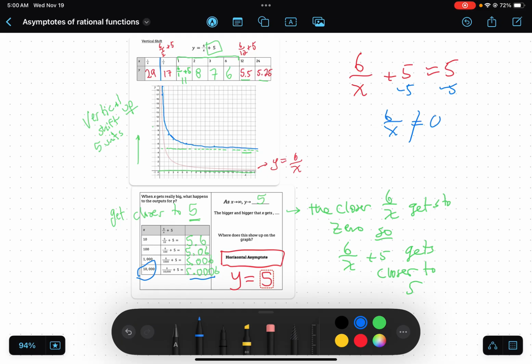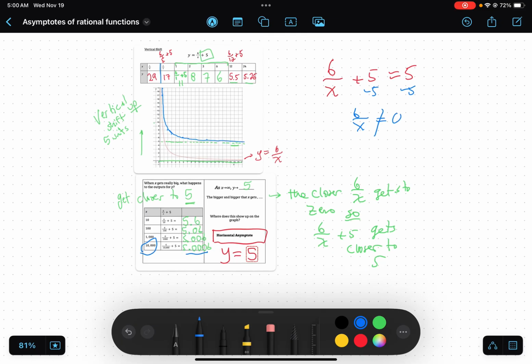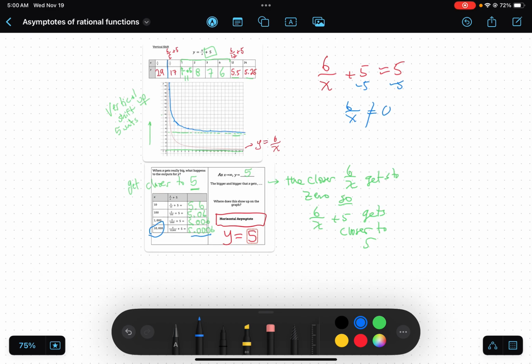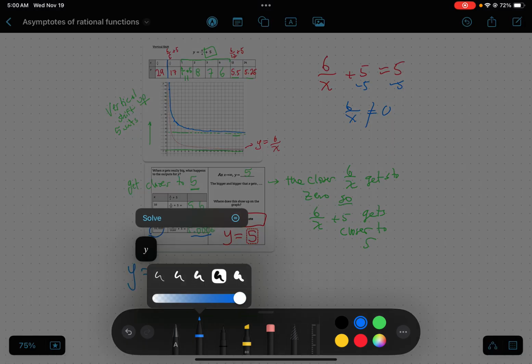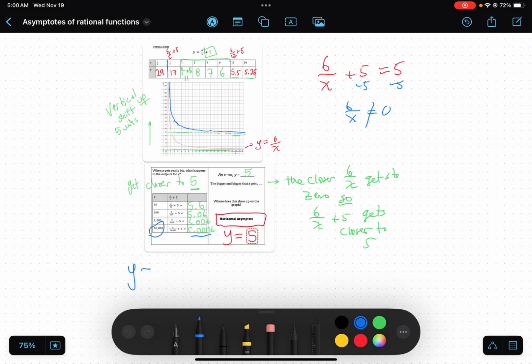So we'll practice it more in class. But the key concept, which we're going to learn about more, is that we're going to learn more and more about the form of rational function equations. But for now, we'll look at an equation in this form. So y equals something divided by x plus something.